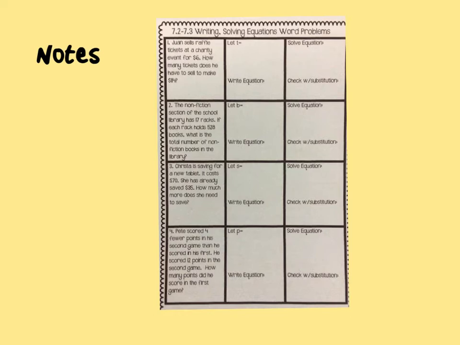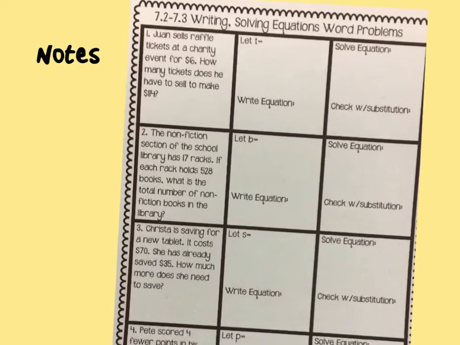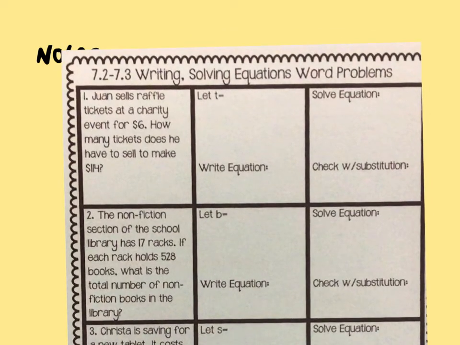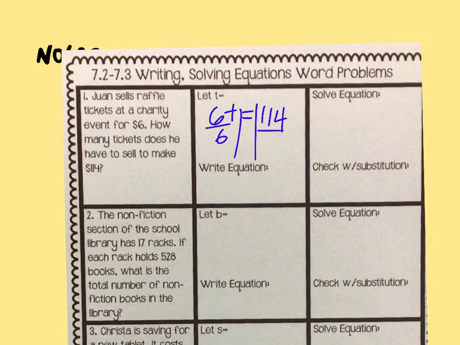Let T equal the tickets. I'm just looking at how this is set up. So this is what I would do. I would go 6T equals 114. Okay, so I wrote the equation. Now I'm going to solve the equation. I'm going to divide by 6 on both sides.